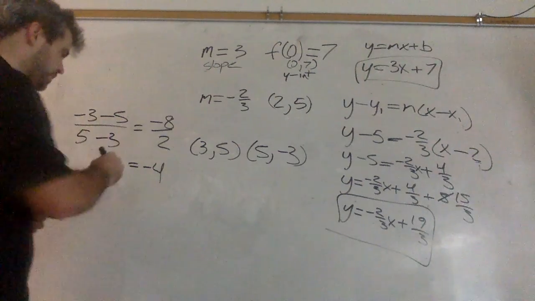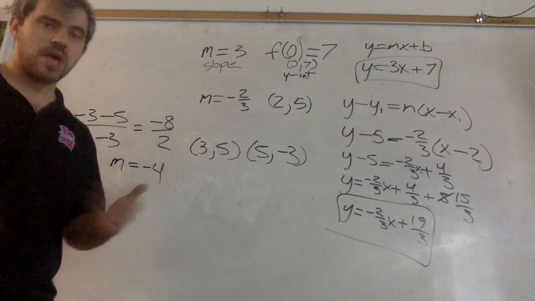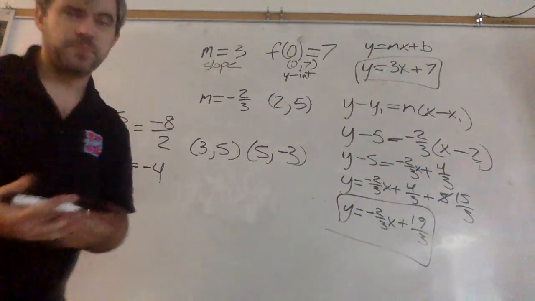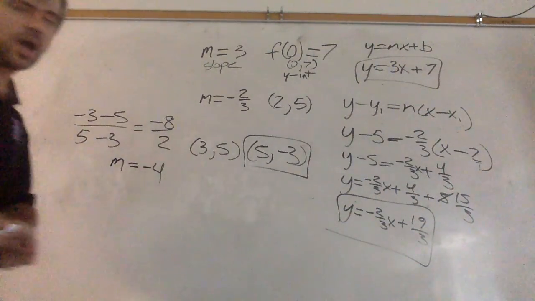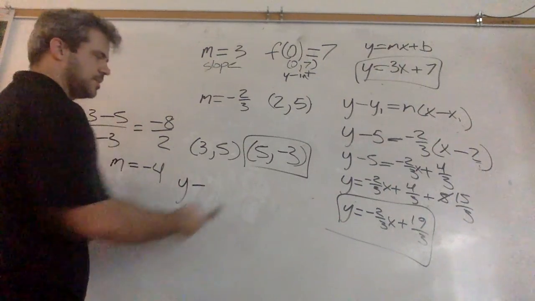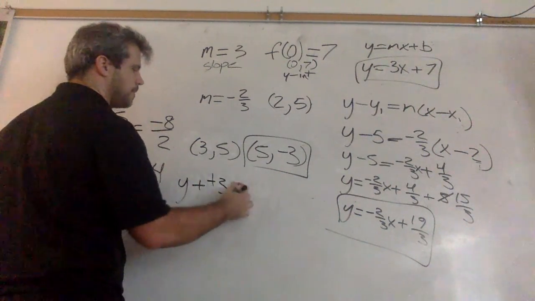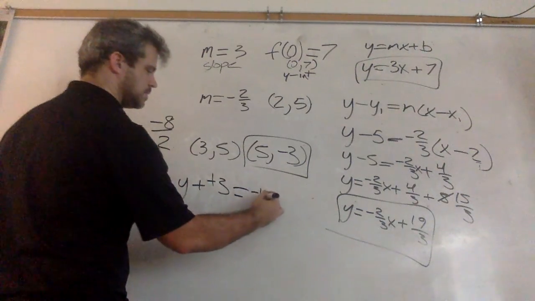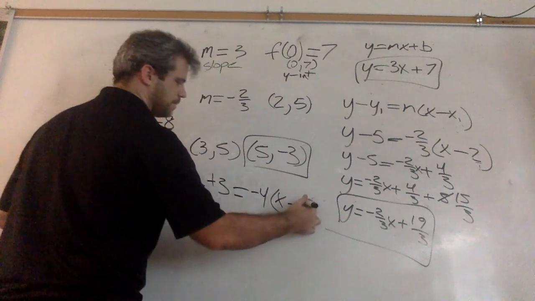So we have a slope now. Now all we need is a point. But Mr. McClung, we have 2 points. What are we going to do? Well, you just pick one. Doesn't matter. You pick this guy. So y minus our y1 equals slope times (x minus our x1).